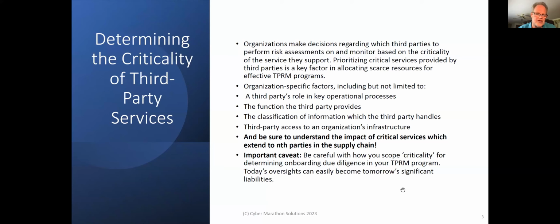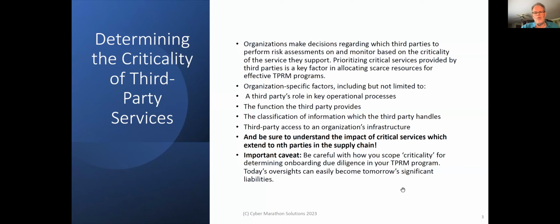What should I focus on first? And the short answer is those third-party relationships that are providing critical services to your business, or for which your business considers certain functions, products, et cetera, to be critical for their success.